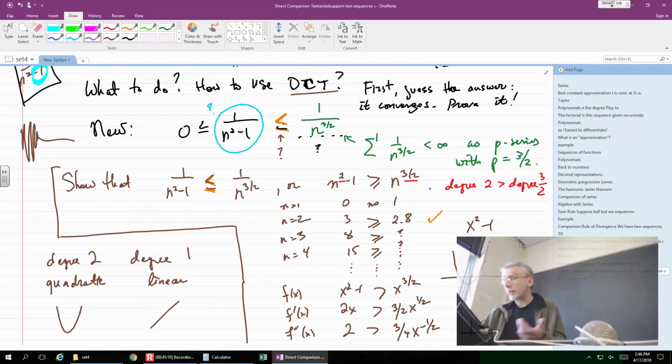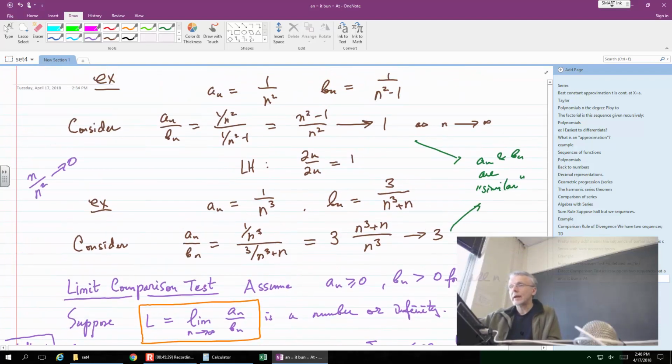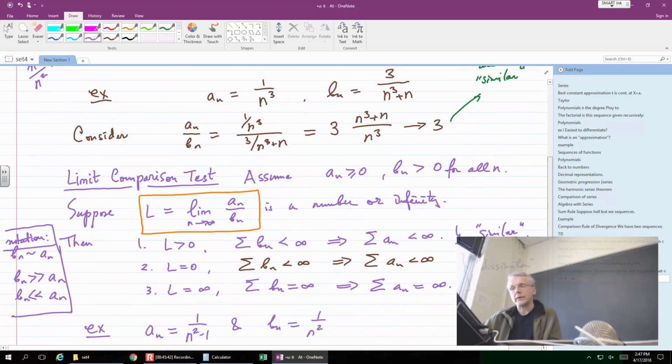Actually, the point is you don't need n to the 3 halves. You have a better series to compare it to, because the better one is Bn equal to 1 over n squared, and this one is already familiar, I already carried out that example right here. 1 over n squared minus 1 and 1 over n squared are comparable, or similar, and so at infinity they behave similarly because the limit is equal to 1, so it falls under case 1. So either both of them converge or both of them diverge.